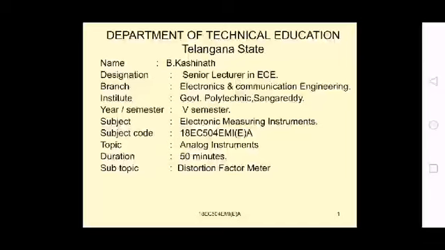I am mentioning it as E, the first option of the elective: 18EC 504 EMI EA. On that, what we are going to discuss today is the distortion factor meter.